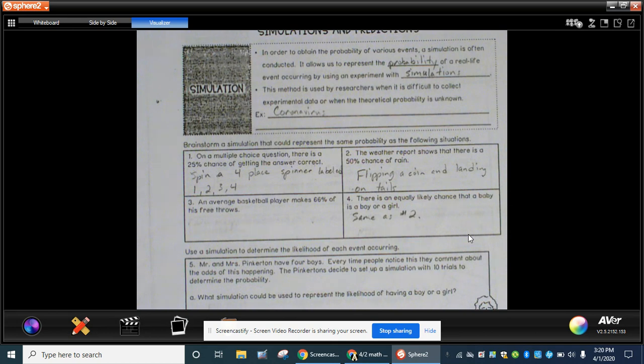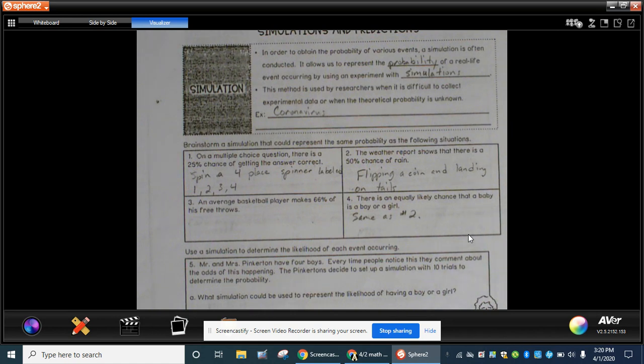Now number three is a little different. An average basketball player makes 66% of his free throws. That is an interesting number because we don't really have anything that we could use to help us figure out a good chance of that happening.